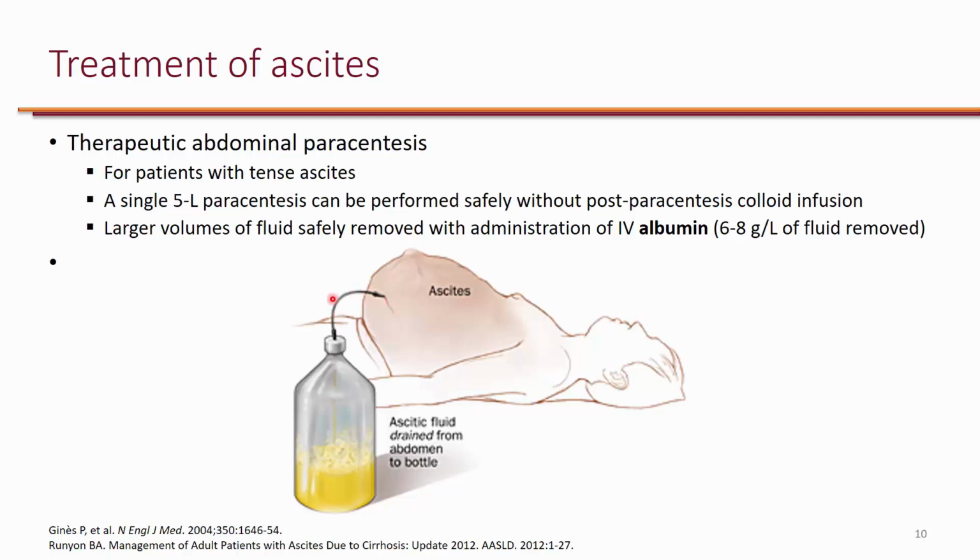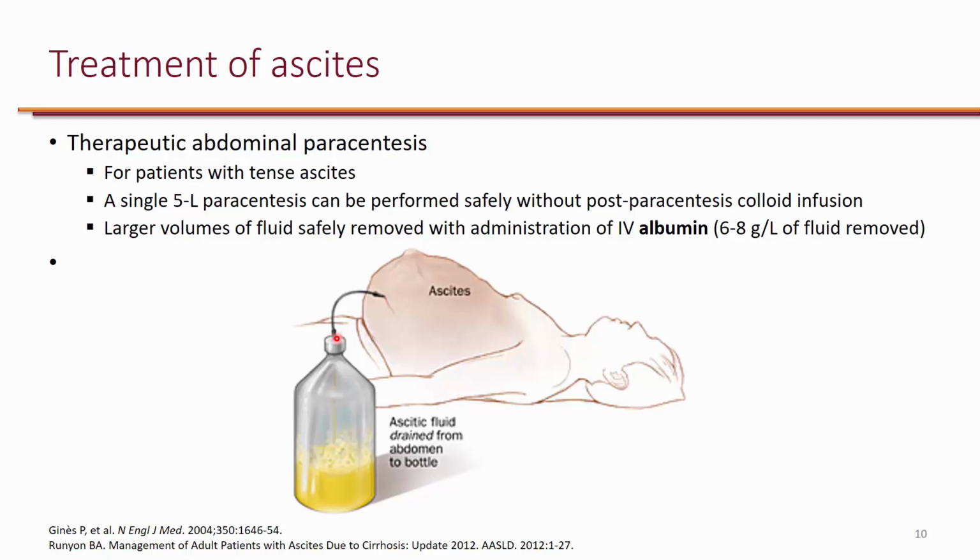So this is different from diagnostic abdominal paracentesis. With diagnostic, you typically take like 30 to 50 milliliters, whereas with therapeutic we're talking about liters of fluid. And it's usually based on how much weight the patient has gained.